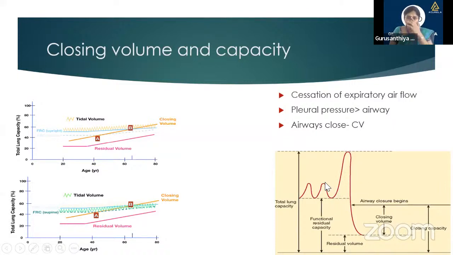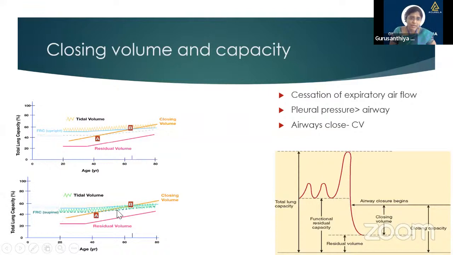But when age advances, these changes in the respiratory system happen. This is a graph showing age in years on the x-axis and total lung capacity percentage on the y-axis. As you can see, this is the residual volume, this is the closing volume, and this is the FRC in supine.